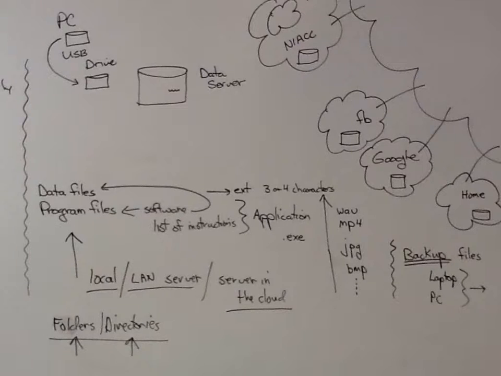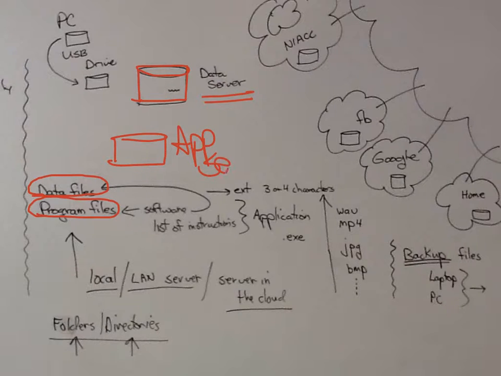Carrying over those ideas of what we have on the network, you can store data on a network, and you can store program files via the network or on some type of storage device. For example, you could have a data server, or you can have storage and have an app server. It's sort of like what you do with Google when you use Google Docs or Google Sheets.